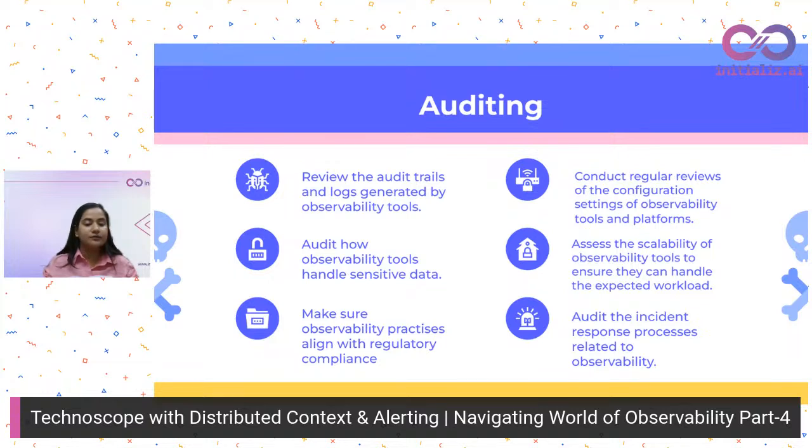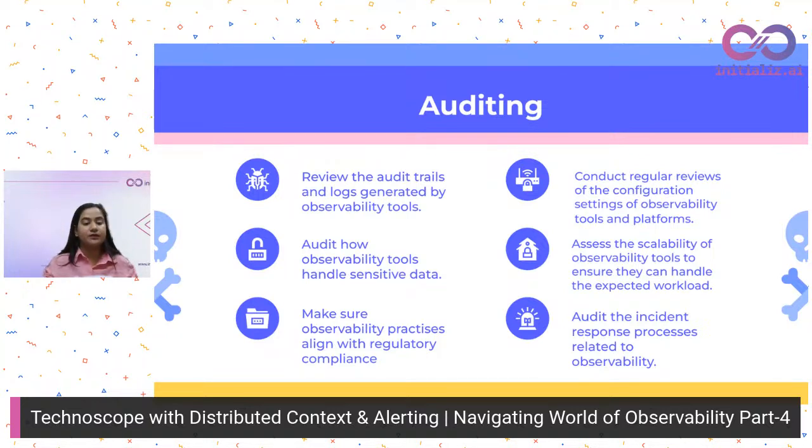First of all, auditing is the same as it means in every other aspect of business. It focuses on reviewing and validating observability processes to verify compliance with relevant regulations and standards.